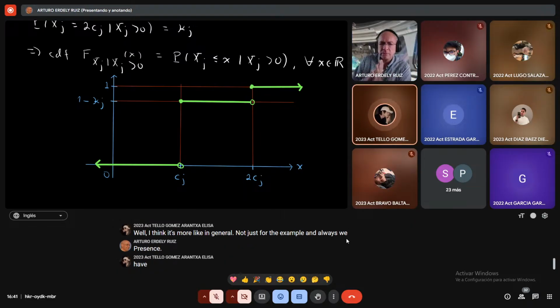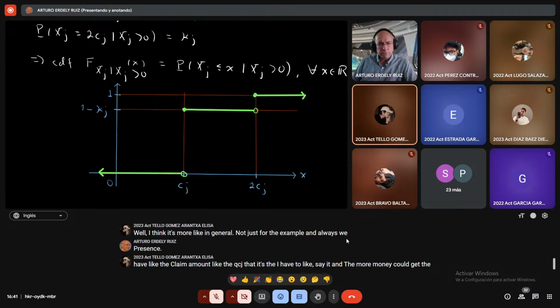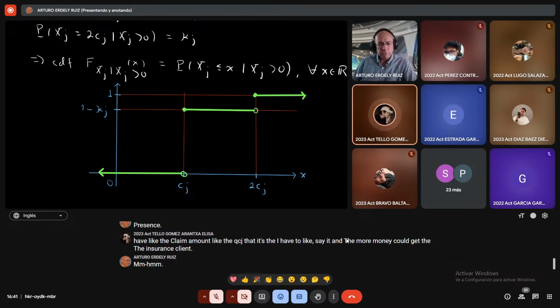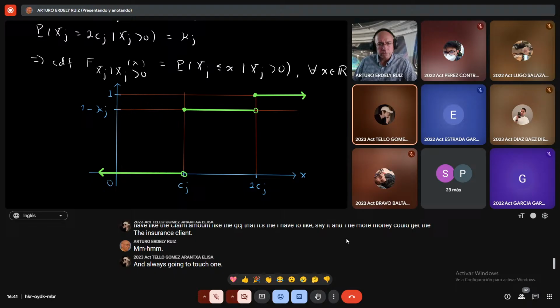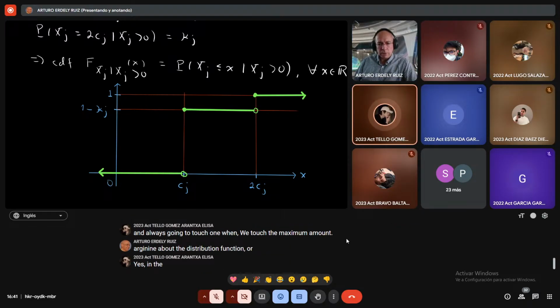Always we have the claim amount, like the 2CJ, the most money the insurance client could get, and the distribution function is always going to touch 1 when we reach the maximum amount. Do you mean about the distribution function? Yes, in the distribution function.